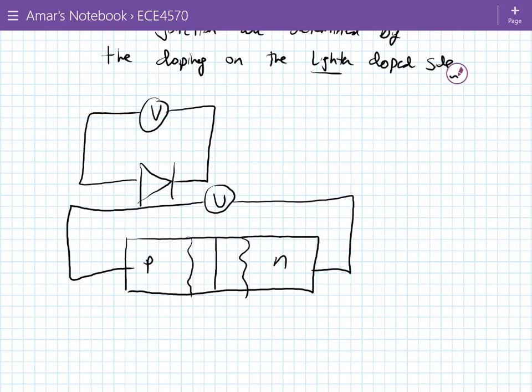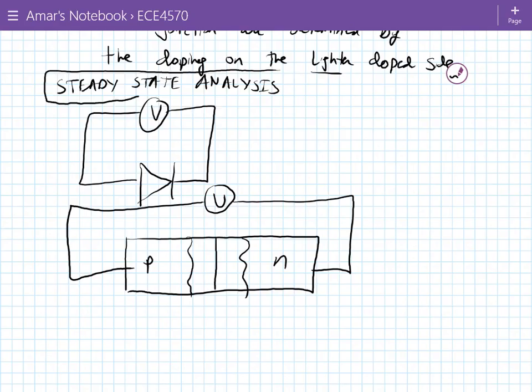Okay, so this would be forward bias. So let's say it's a steady state analysis. Okay, in one case, if we apply a positive potential here and a negative potential here, the positive potential is being applied to the P side of the junction, the negative potential is being applied to the N side of the junction.